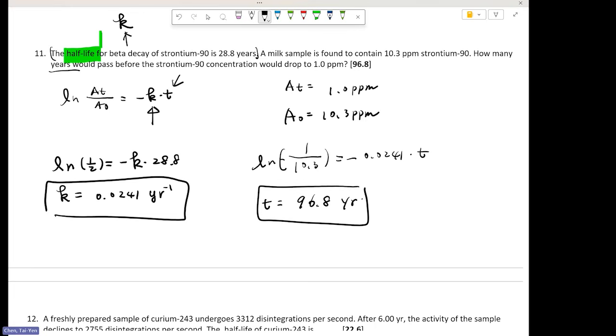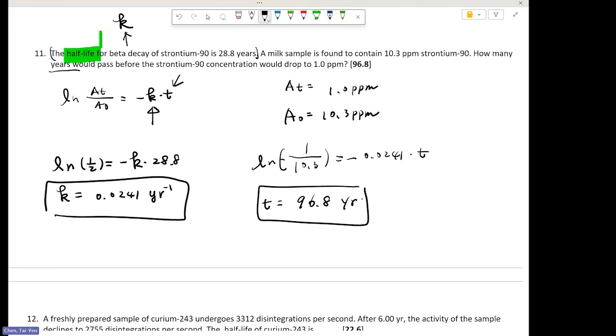Okay, so from the response, what is the confusing part? Distinguishing which is At and which is A0. What would be a good rule of thumb? Decay always goes from a large number to a small number. So we look at 10 and 1.